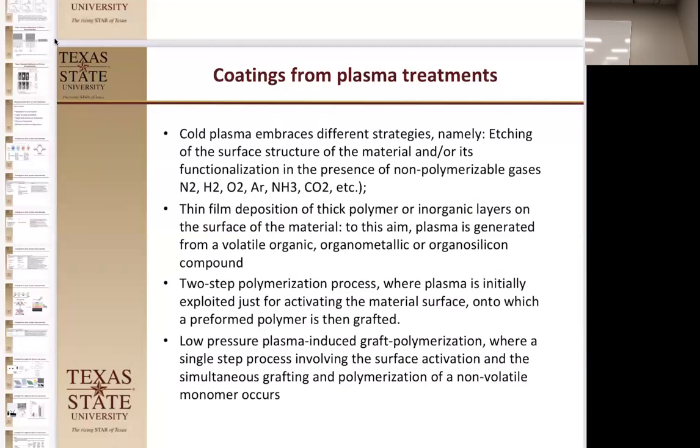And so you can get surface activation, plus you can feed a low volatility monomer into the nozzle as you go. As it hits the plasma, it gets into its reactive state and then reacts with whatever surface it is. And again, you can use just organics, graft, like plastics, or organometallics that will decompose.